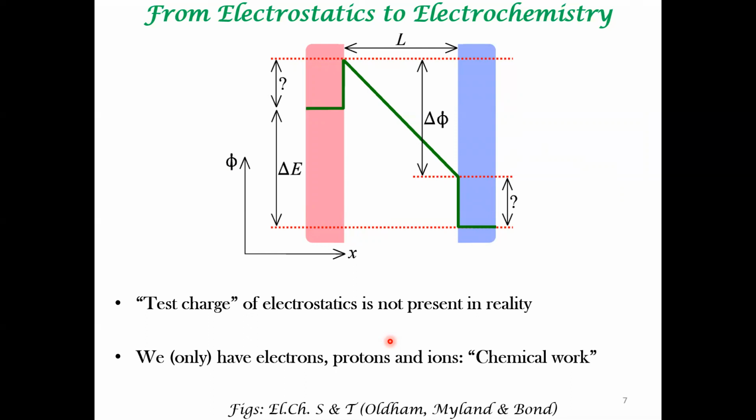When you introduce a proton into an electrolyte, it disturbs the chemical environment. The chemical environment responds to the introduction of a proton, the presence of the proton, and other ions. It can be cations and anions.